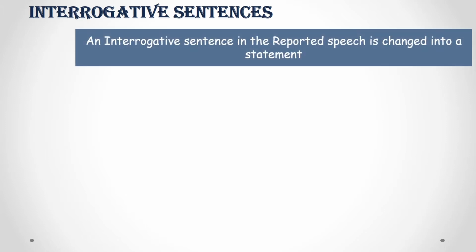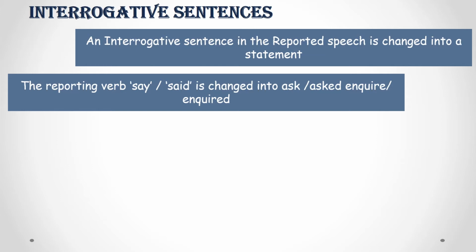An interrogative sentence in the reported speech is changed into a statement, that is, an assertive sentence. In simple words, helping verb plus subject plus principal verb plus object and question mark becomes subject plus helping verb plus principal verb plus object. The reporting verb say or said is changed into ask or asked or enquire or enquired.